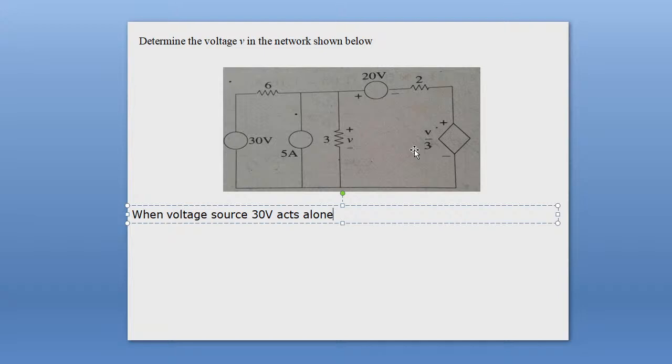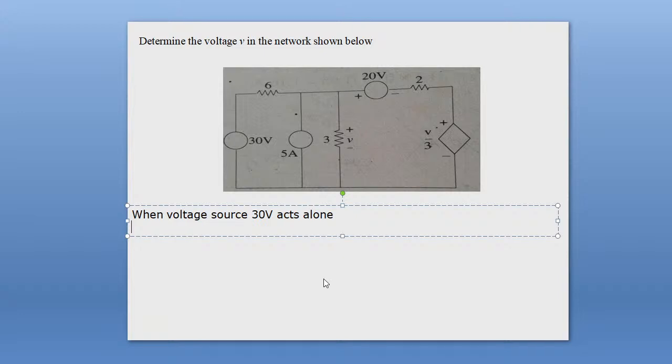So what will be the value of V for the 30 volt source? You use KCL for this node. The voltage drop for this node is V.